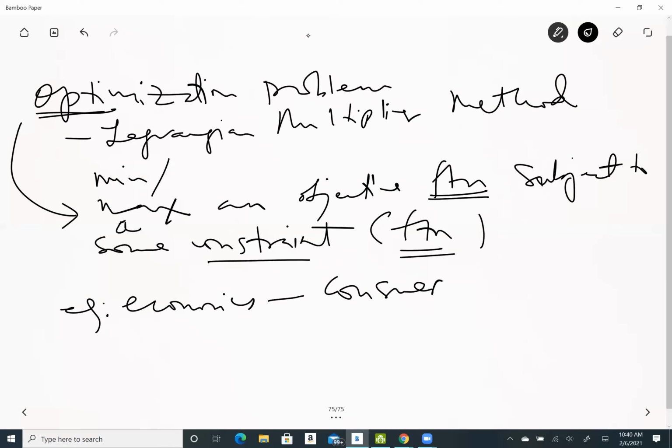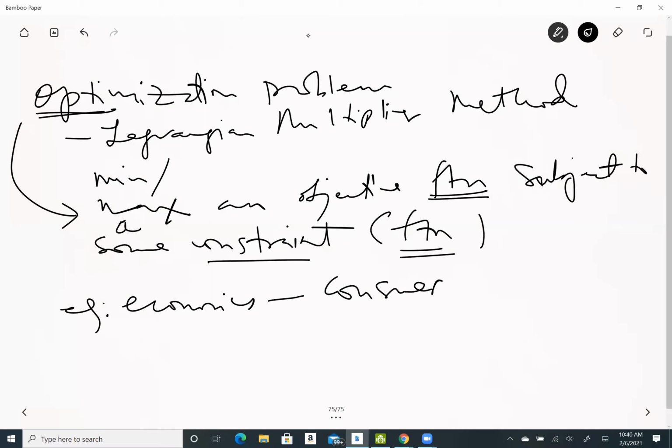What is our limitation? Our limitation is the constraint. What is your constraint? Resources constraint, which is our income. Everybody wants to maximize utility, satisfaction, but you cannot maximize it indefinitely. You have to consider your income.